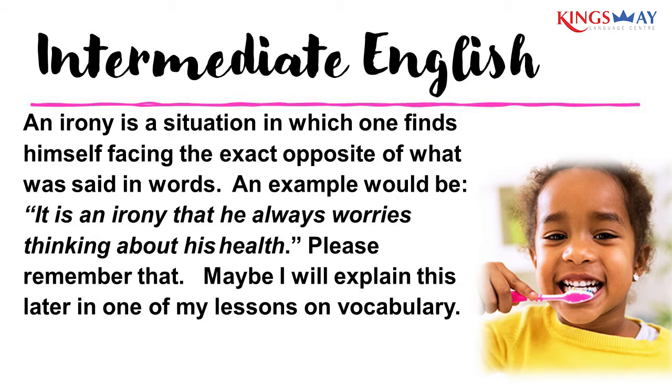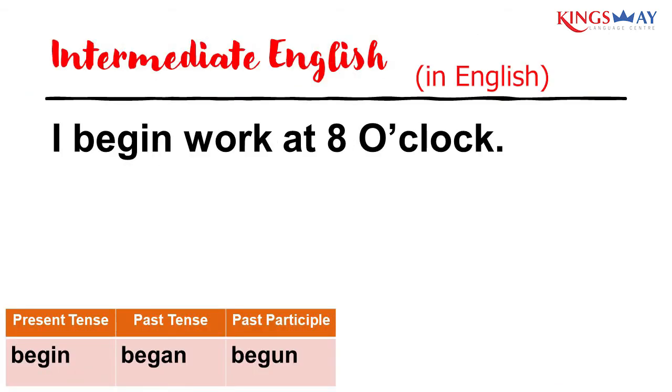An irony is a situation in which one finds himself facing the exact opposite of what was said in words. An example would be, it's an irony that he always worries of thinking about his health. Please remember that. Maybe I will explain this later in one of my lessons on vocabulary.